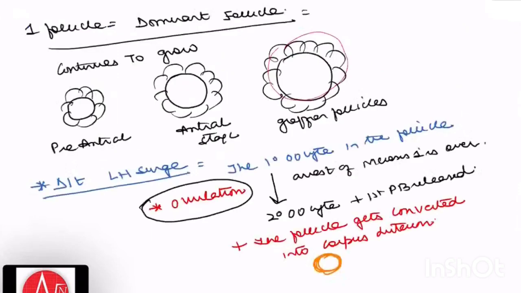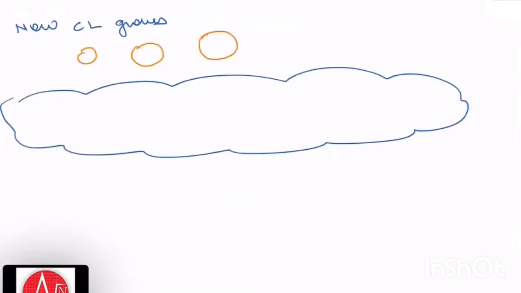Corpus luteum इसलिए बना क्योंकि ovulation हुआ, and the follicle got converted into corpus luteum, and ovulation हुआ due to hormone LH. In other words, if I ask you which hormone is responsible for formation and maintenance of corpus luteum, your answer will be LH, right? Luteinizing hormone.